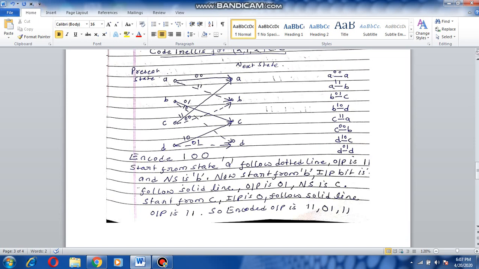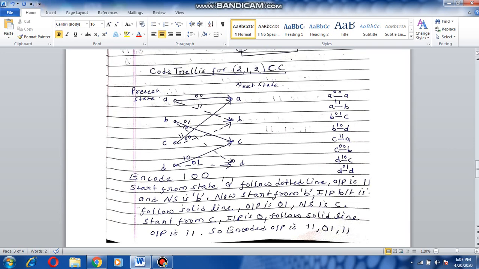Okay, now this code trellis can be used to encode. We will take one example. Encode the input bit stream 1 0 0. We have to always start from state A. Since the incoming bit is 1, we have to follow the dotted line, so the output will be 1 1.